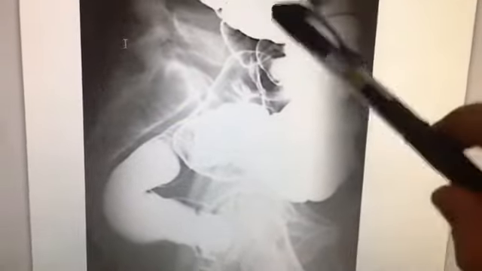Here's the left lateral rectum image. As you can see, here's the rectum, and here's the sigmoid colon up here. This is basically showing the rectum free from superimposition of the sigmoid, because a lot of times it gets bunched together and is superimposed. So we can cone down a lot on this image.